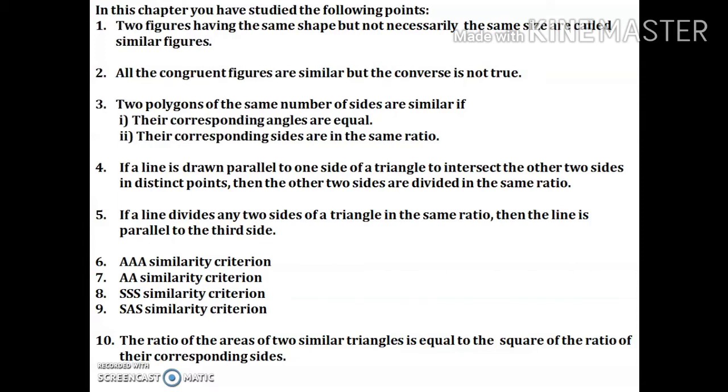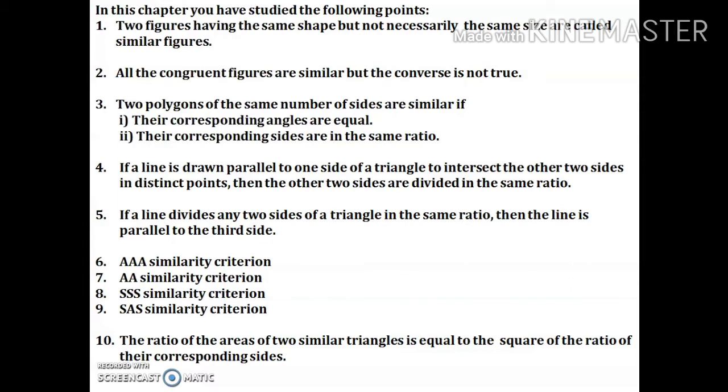Students, you know that this chapter, Triangles, has many theorems as well as their proofs. But I don't know whether fortunately or unfortunately for you, two important and simple proofs are deleted from your portions.